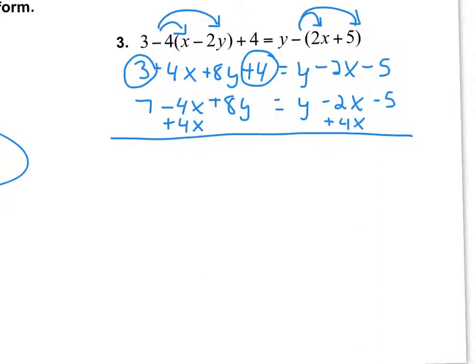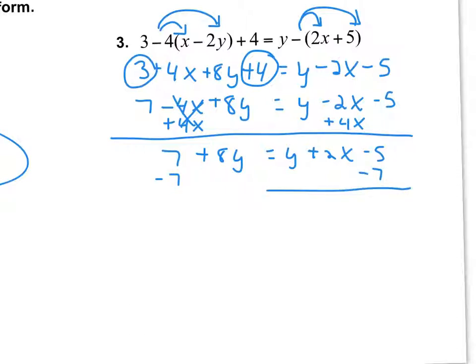So I'm going to do that first. So that goes away. I bring down the 7 plus 8y equals y plus 2x minus 5. And now I want to get the 7 to the other side. So I'll go ahead and subtract 7 from both sides. And then I have 8y equals y plus 2x minus 12.